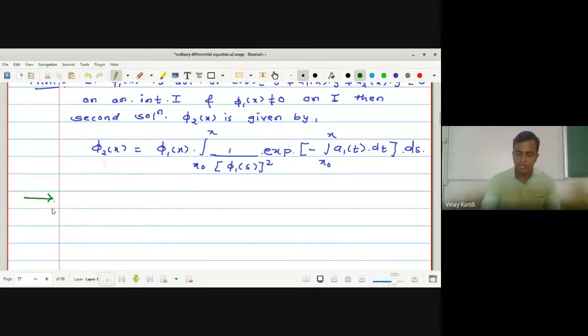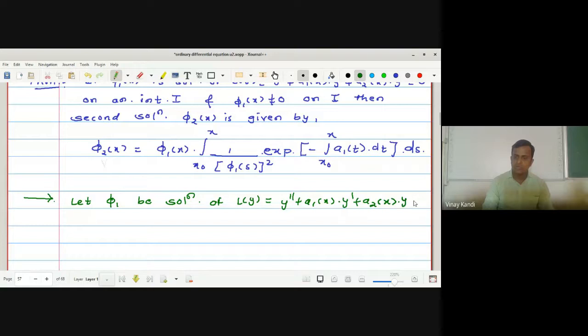Let phi 1 be the solution of L of y equal to y double dash plus a1 of x into y dash plus a2 of x into y, which is equal to 0, on an interval I. Give it as equation number 1.